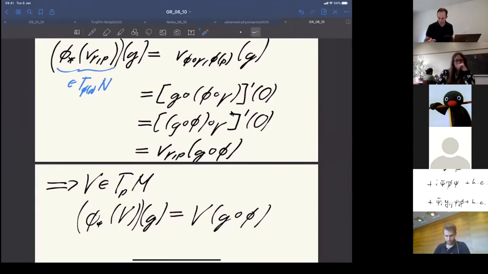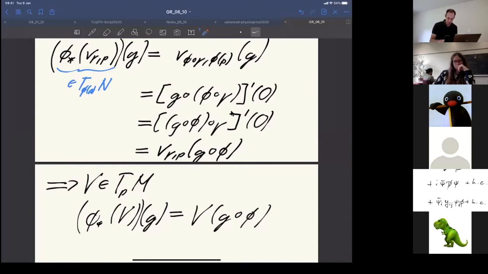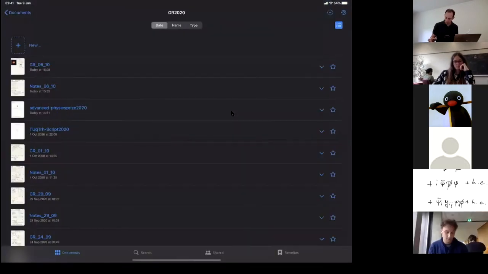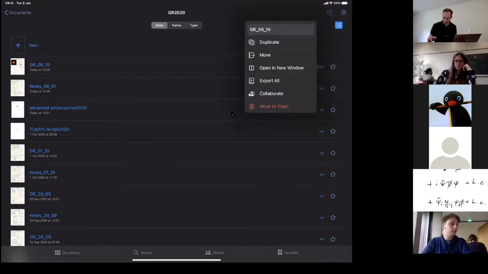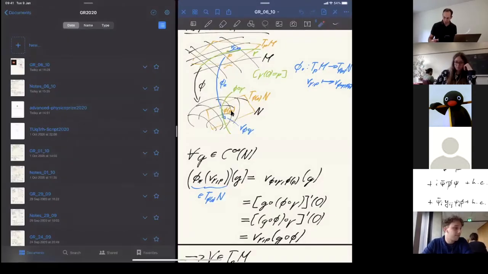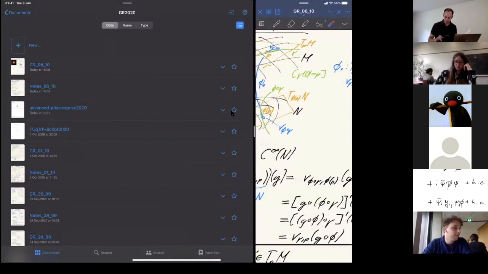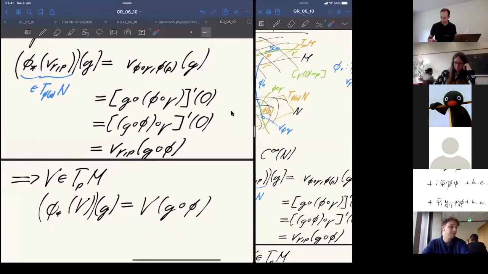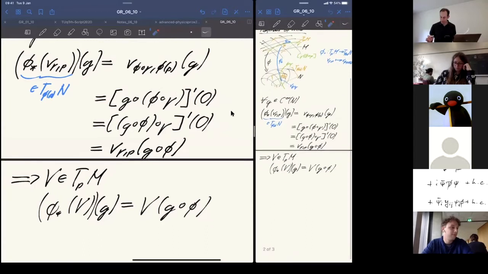So let me maybe make sure you can actually see the pictures at the same time. So I'll just open this a second time as usual, just a moment. Okay, now you still can see here the picture.